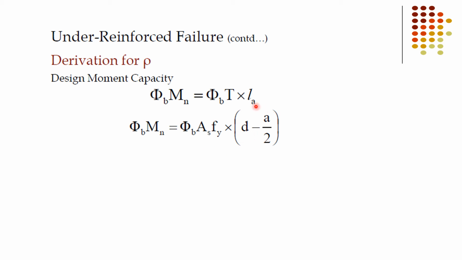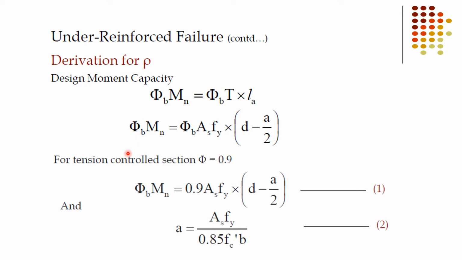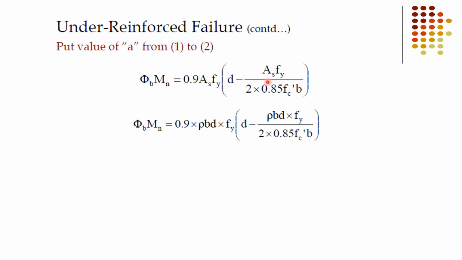And we also know the value of phi in the tension control section and under reinforced failure: for tension control section, 0.9. And a is As Fy divided by 0.85 fc prime b. I will put the value of a into equation 1.